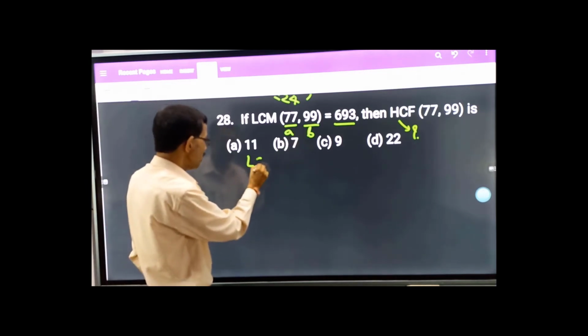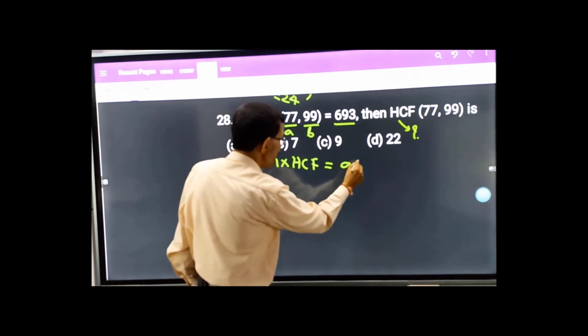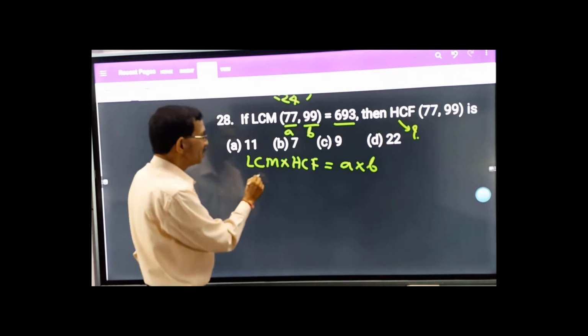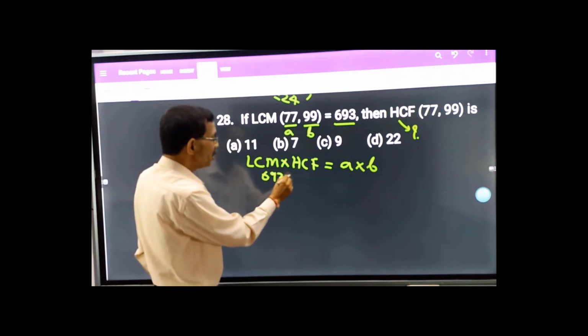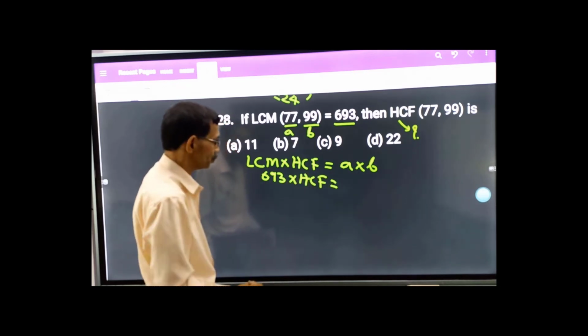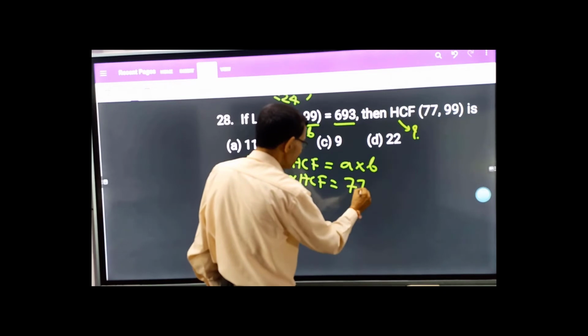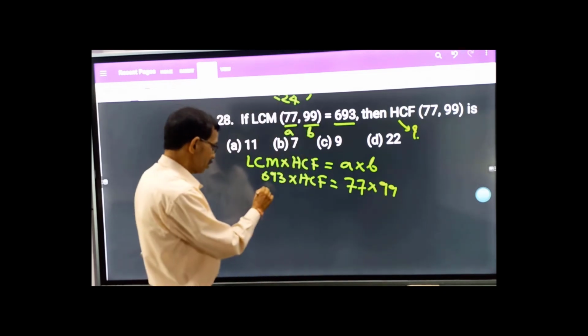Our formula is LCM into HCF is equal to A into B. Now LCM is given as 693 multiplied by HCF, and this is 77 multiplied by 99.